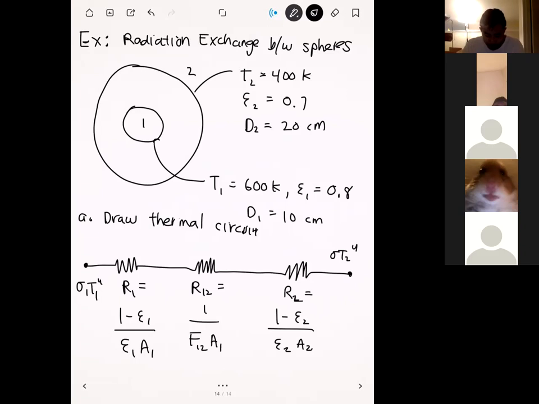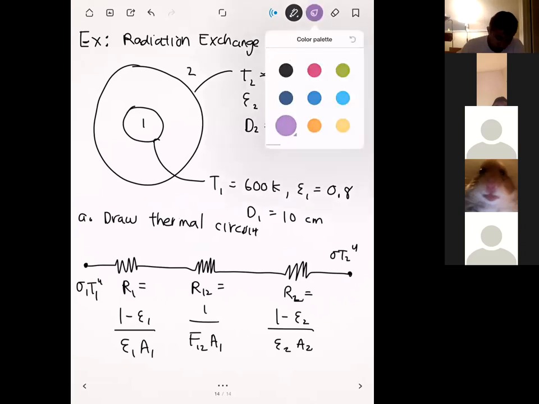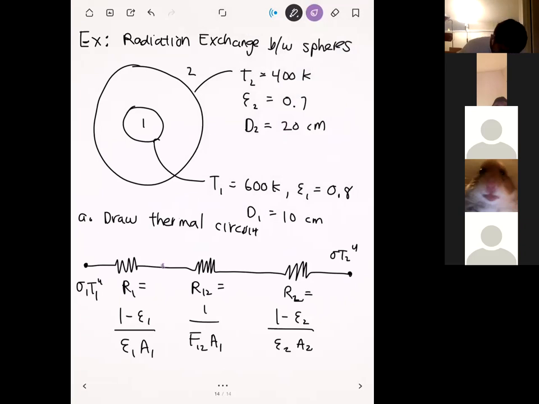Then we have the surface resistance for surface 2, which is (1 minus epsilon 2) divided by (epsilon 2 A2). And then we also have our radiosities, J1 and J2. In the next step of the problem, we're going to solve for these radiosities using this thermal circuit.